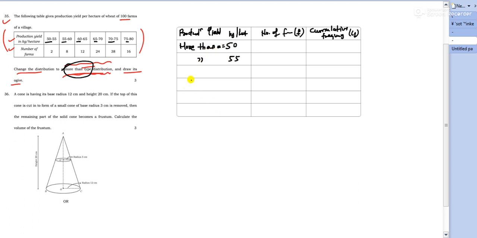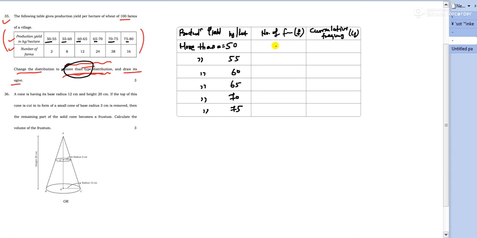Then more than 60, more than or equal to 65, 70, 75. This much you have to write. Okay, now this will remain as it is.